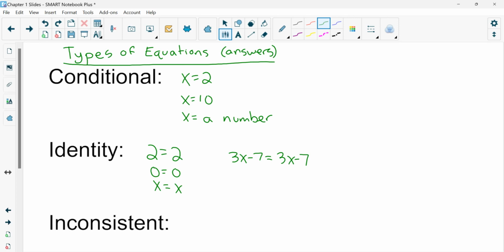So this is saying everything would be true. So our answer here is x equals all real numbers. This is a fancy R, so it's like making a parallel lines and making it into R, and it means all real numbers.